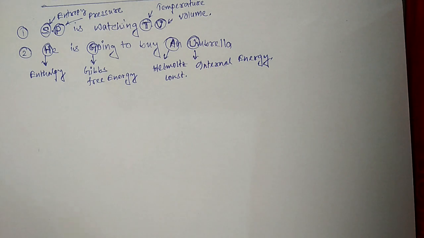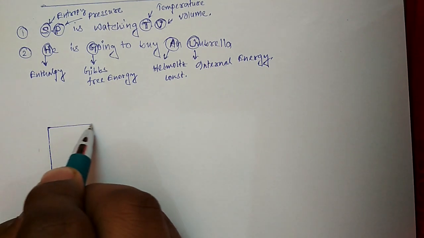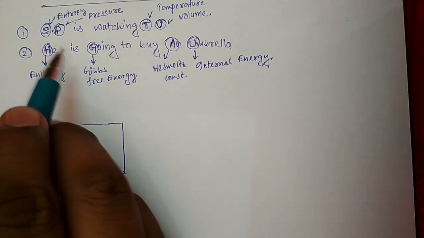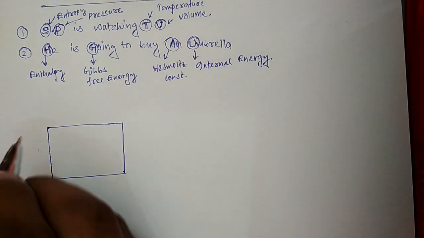Now, we have to draw a circle. That is the Maxwell cycle. In the first sentence, there are four thermodynamic properties S, P, T and V, and we have to write them in clockwise direction.